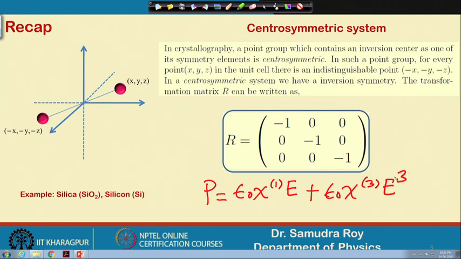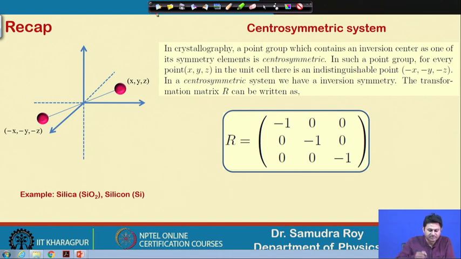Well, what is a centrosymmetric system? Let me describe it briefly. It is a system where we have a center of symmetry. If I change the coordinates x, y, z for a point, then we will have another point at exactly minus x, minus y, minus z. So, this material, which is centrosymmetric in nature, has a symmetry against this transformation. This transformation matrix R can be represented like this.